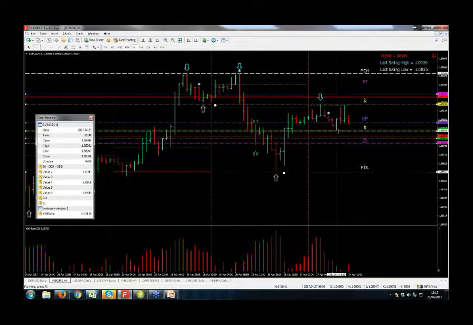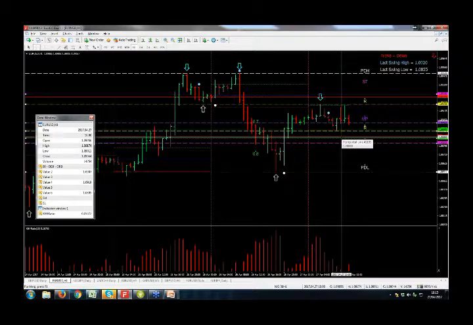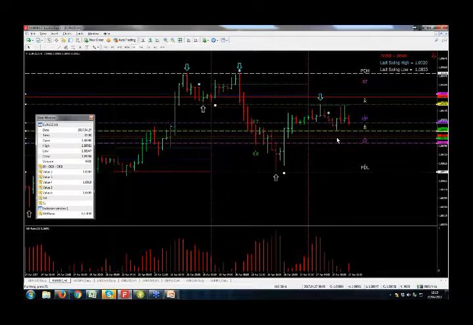Now I'm going to place the order for a break of this level at the bottom just here. So I'm going to put in a trade opportunity to get a break of that level. Let me line that up now. Let's do a little analysis on that, and let's get some exact levels.